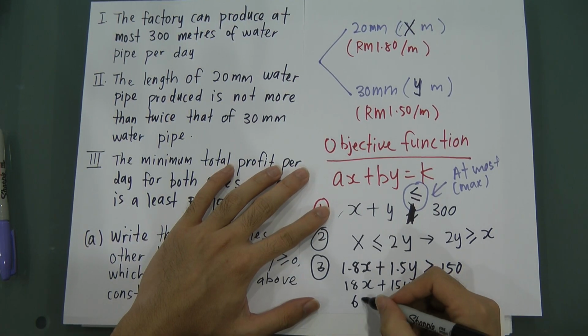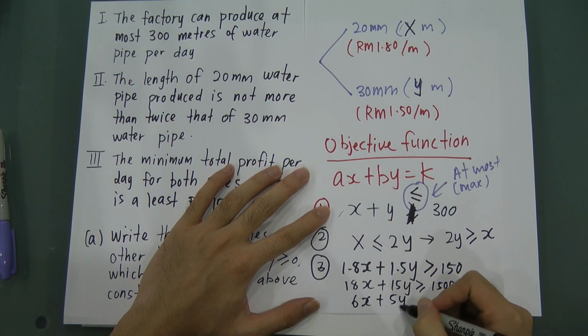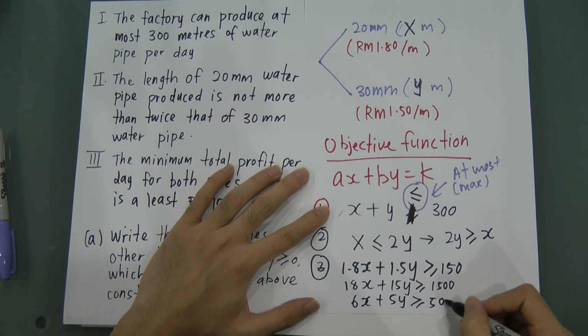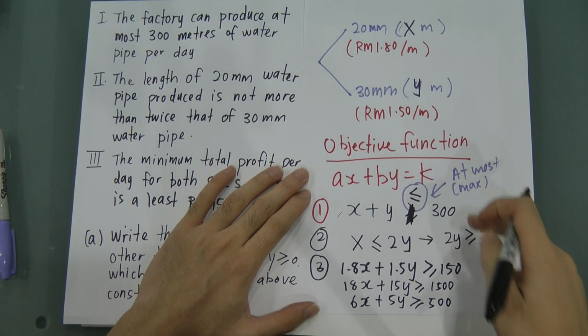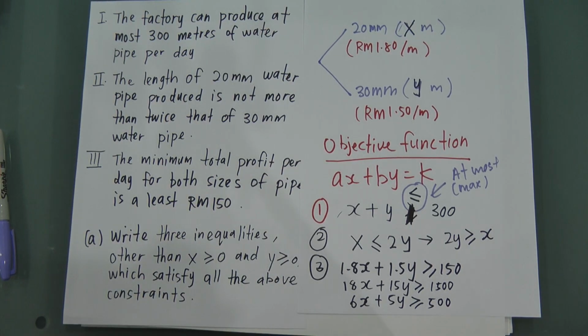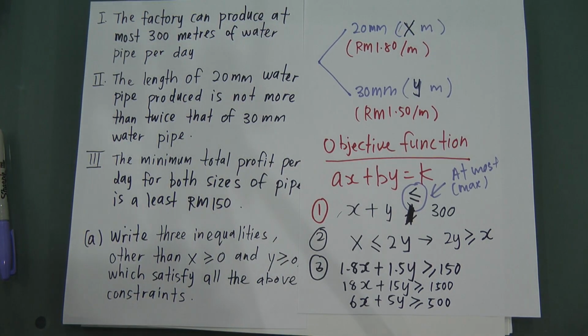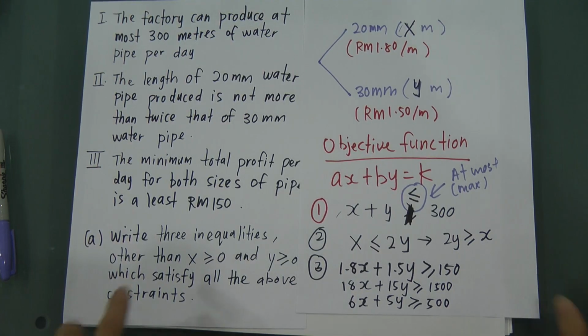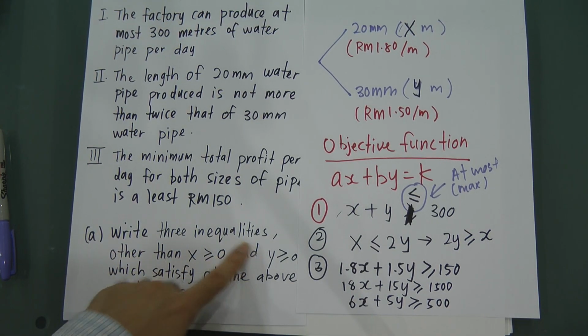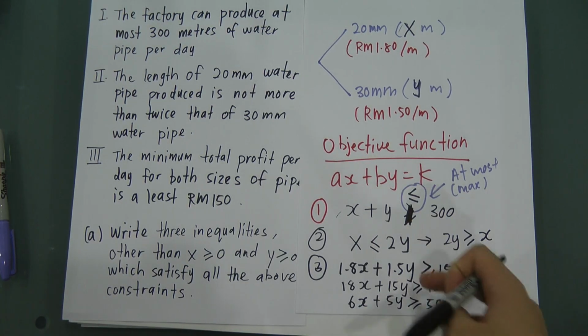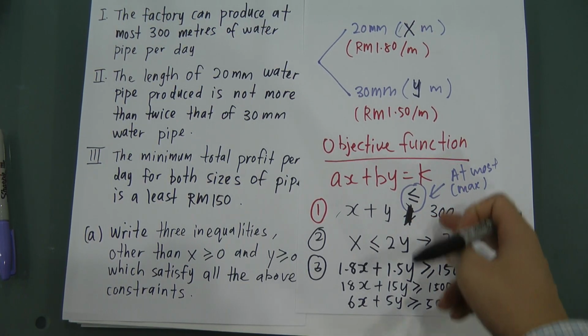Divide by 3, this becomes 6x plus 5y, and this one will be 500. Therefore, I will get 3 inequalities, because he asked us to write 3 inequalities. So I got this already.